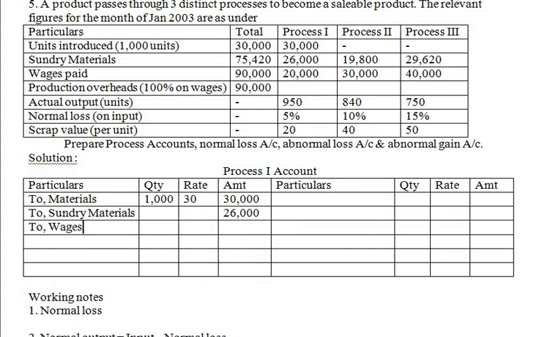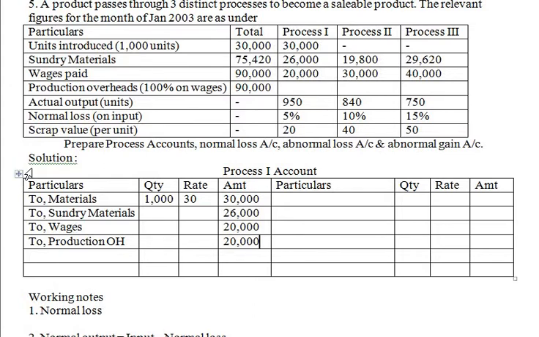To wages, so wages paid is 20,000. Next comes production overheads. Now production overheads 100% on wages they have given. So the wages amount for process 1 is 20,000. So it will be 20,000 itself.